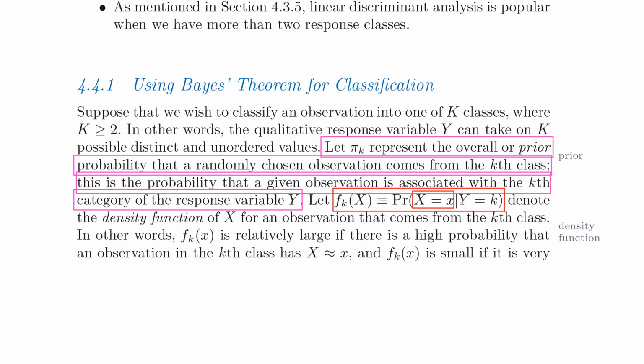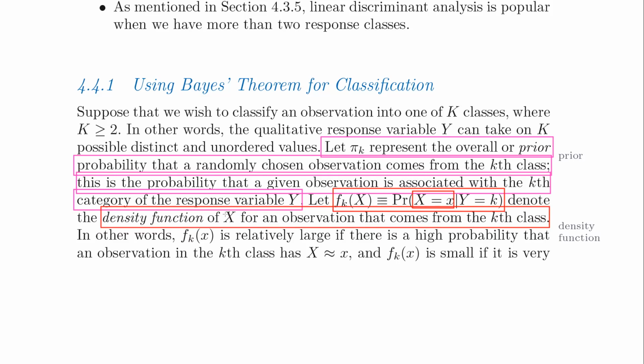So can we come up with an example? You could say, for example, the probability that, let's say we're just looking at one symptom, that X is equal to, what kind of symptom can we take? Can we take an easy one? No, coughing. Given Y equals seizure. And we're going to refer to this as the density function of X for an observation that comes from the kth class.